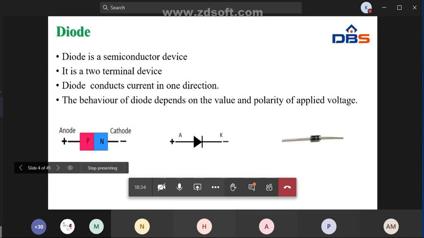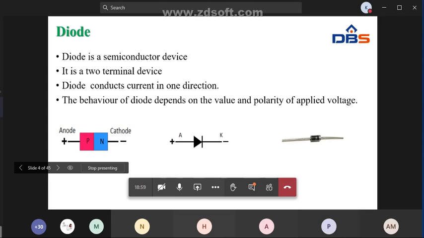So it has two terminals. One is anode and second one is cathode. So anode is a positive terminal, cathode is a negative terminal. So it is the structure of PN junction diode. It is the symbol of PN junction diode, right?